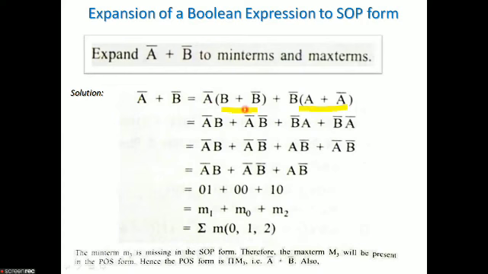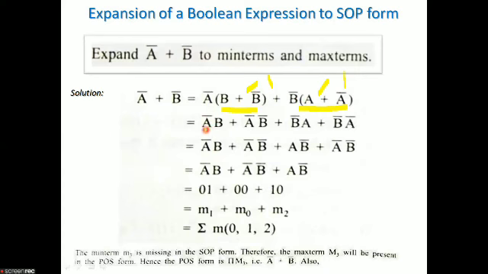This is analogous to the points I told you earlier in the previous slide. So we have multiplied A bar with B plus B bar, and B bar with A plus A bar. Now this is equal to 1, and this one is also equal to 1. So we are just multiplying it again, that is, expanding it.